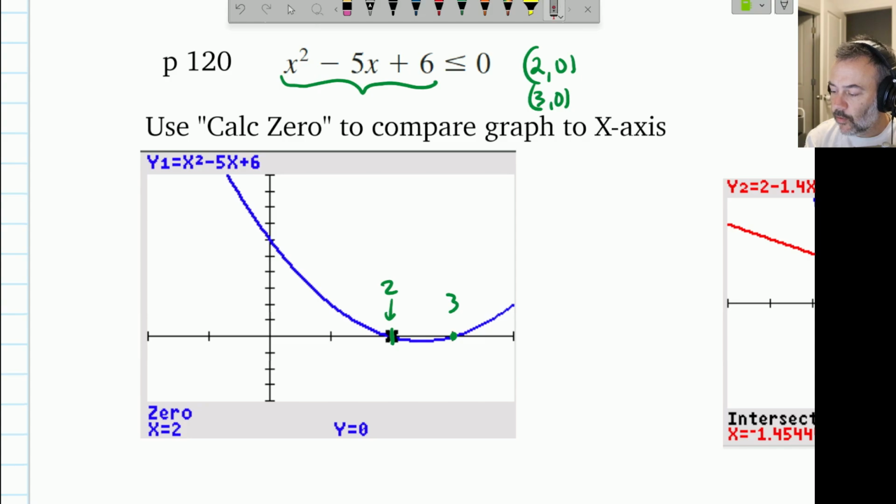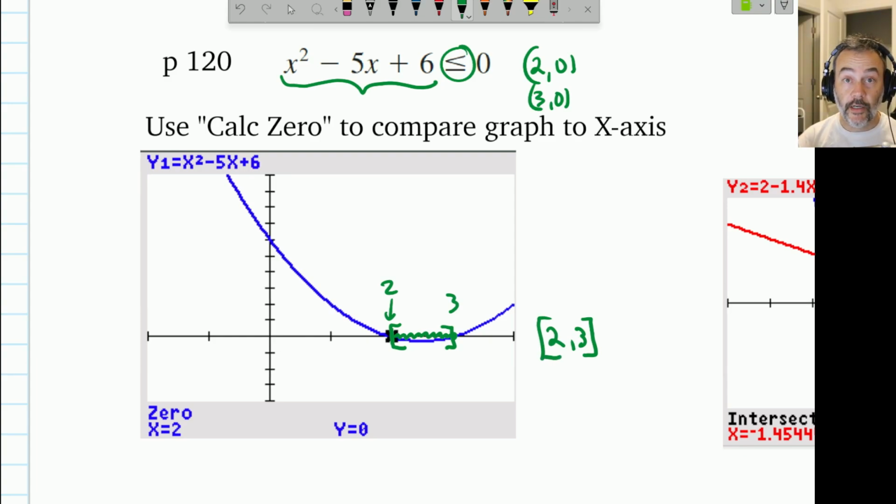And we want wherever the parabola is below 0. So we're interested in this part of the graph, and that part of the graph corresponds to all the values between 2 and 3, and it includes the endpoints because it's or equal to. Okay, so the answer would be 2 to 3 inclusive.